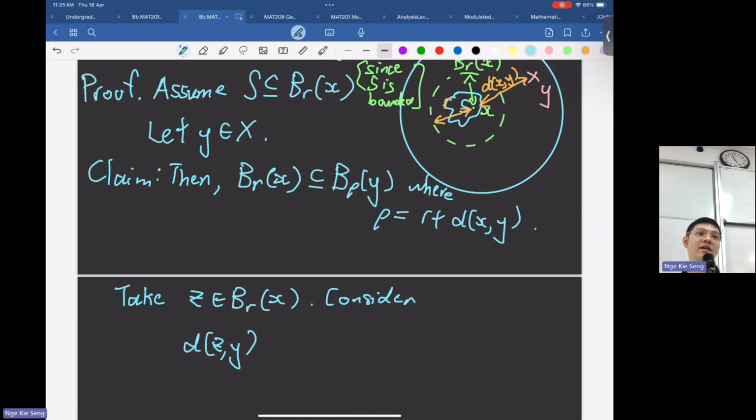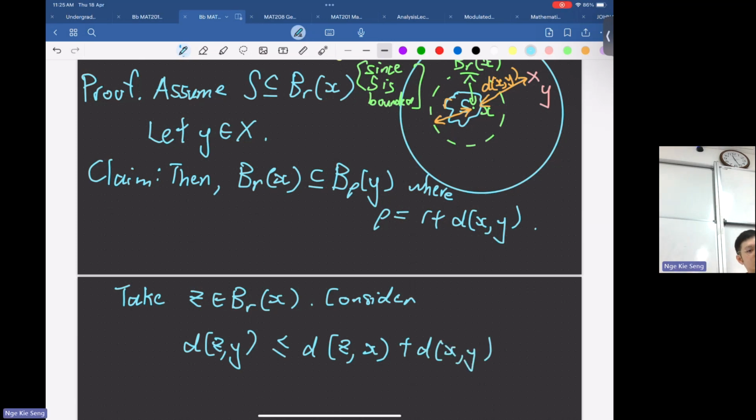You can use the triangle inequality, very useful: d(z,y) is less than or equal to d(z,x) plus d(x,y).